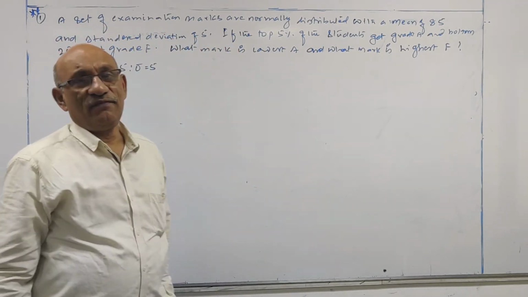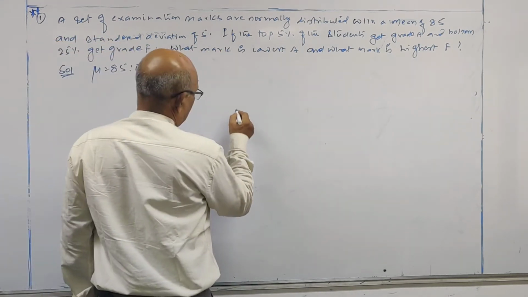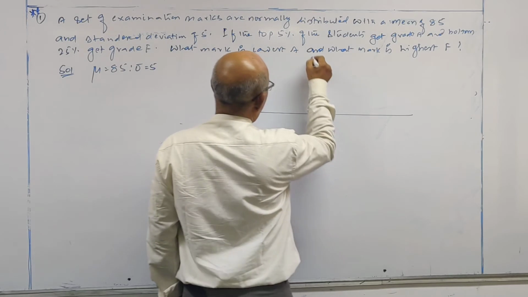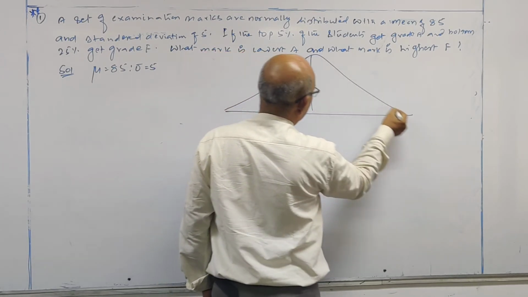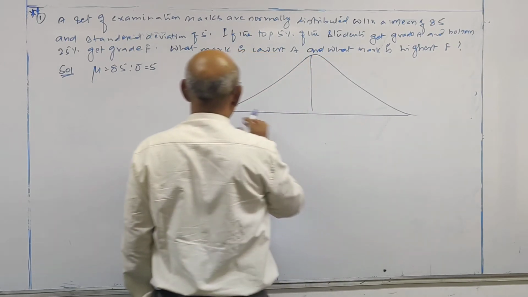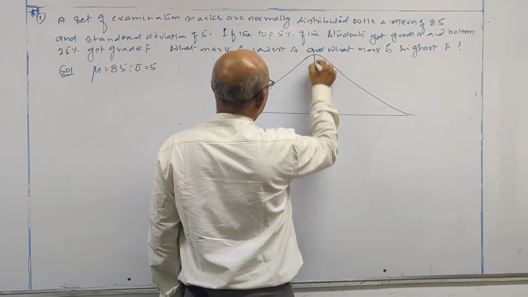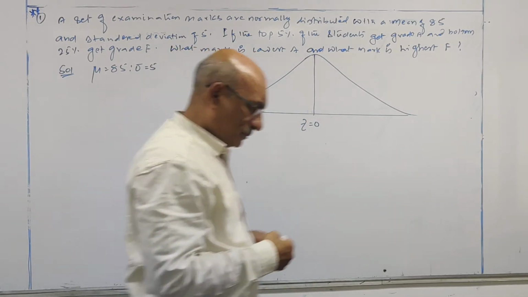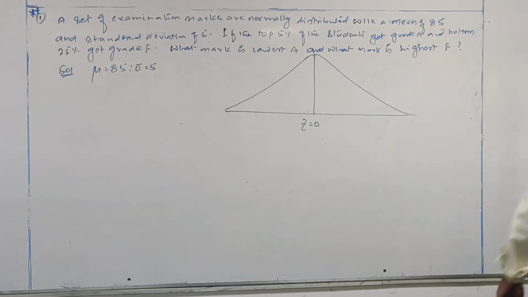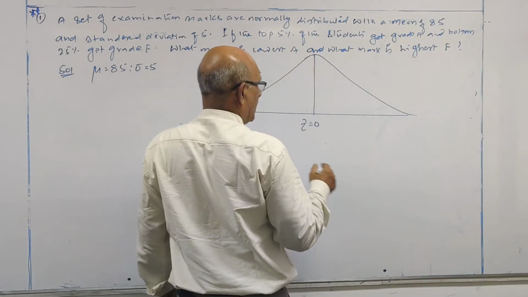Mean marks are 85, standard deviation is 5. This is z is equal to 0.